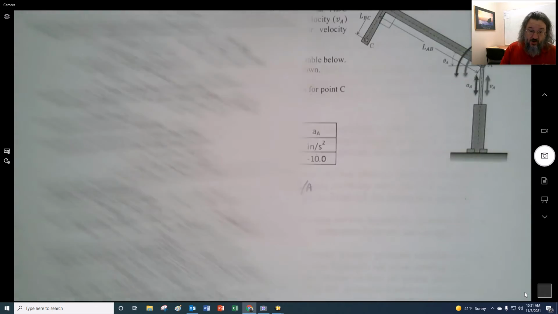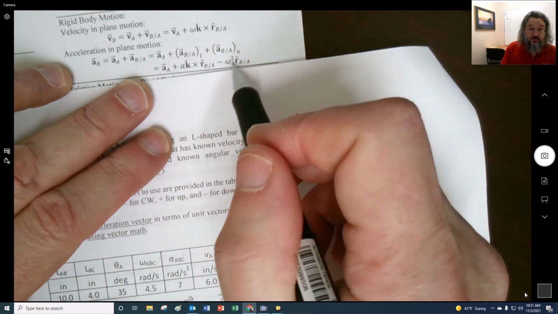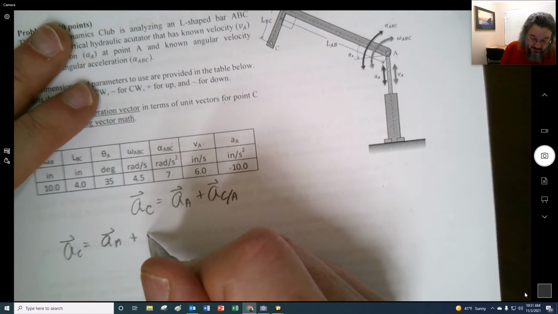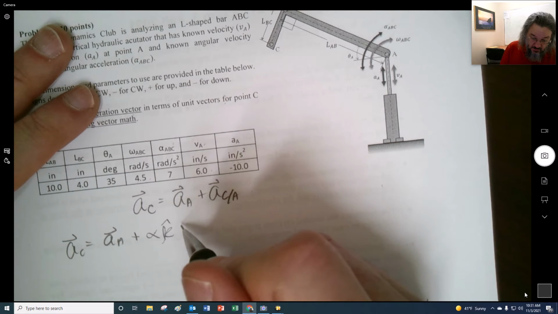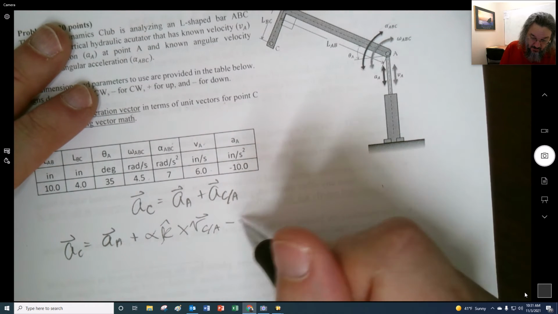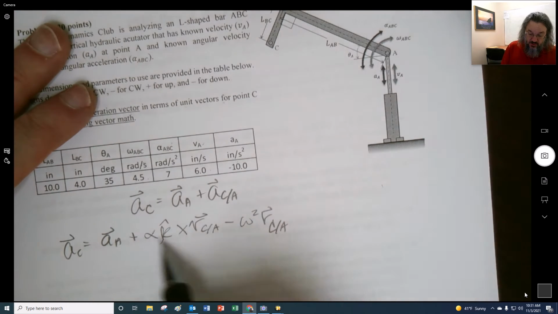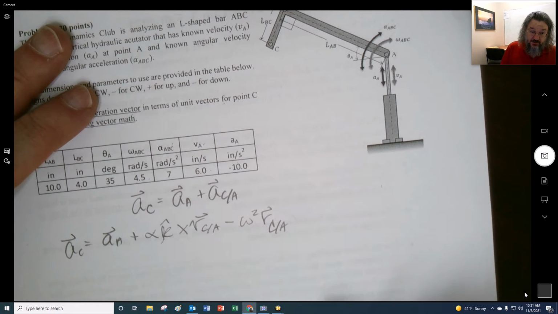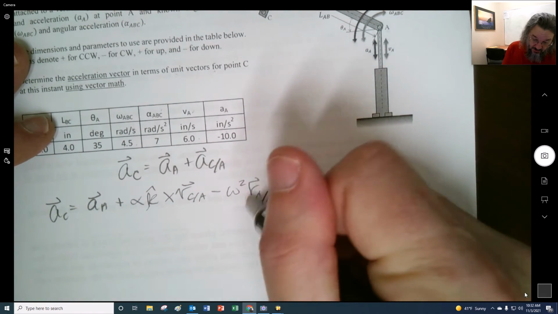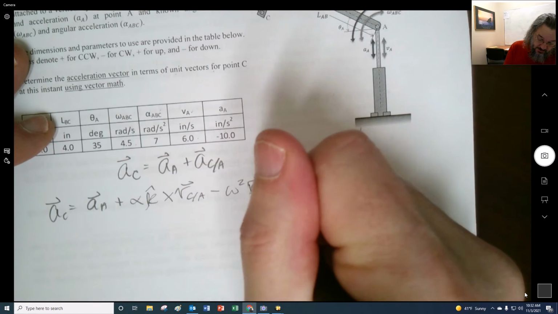So anyway, I'm writing down the equation that I need right here, but in terms of C instead of B. And let's see, we'll say alpha K cross with r of C with respect to A, minus omega squared r of C with respect to A. These 2 parts are really what that is right there. That's all that's going on here. I didn't do a very good job with my writing, so let me write that a little better: r of C with respect to A.